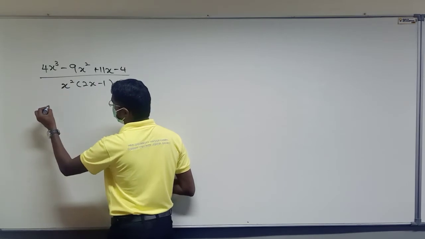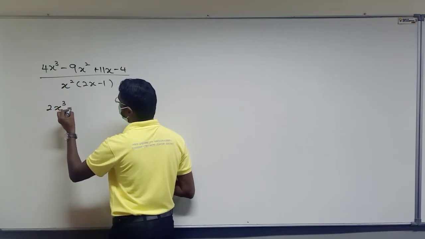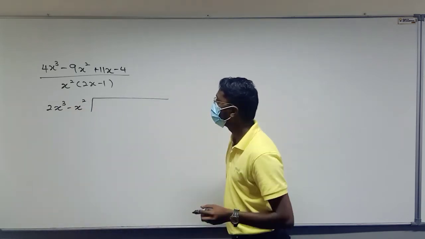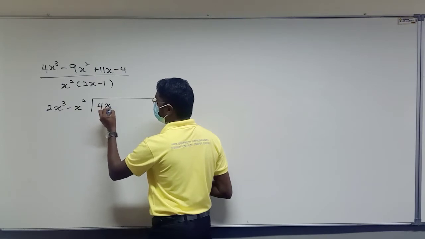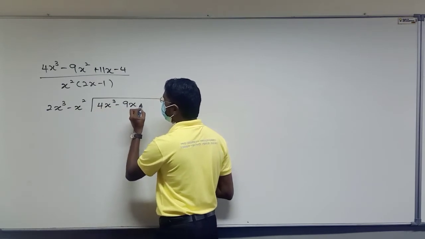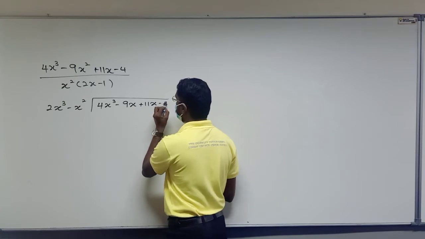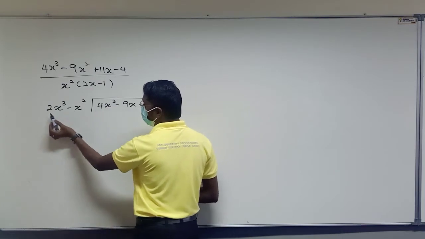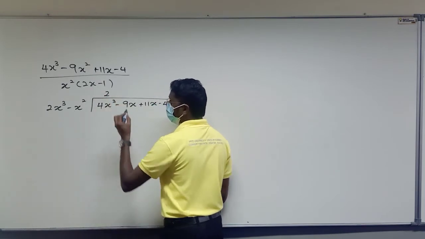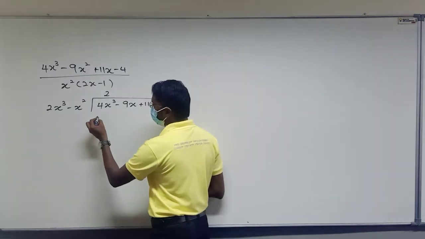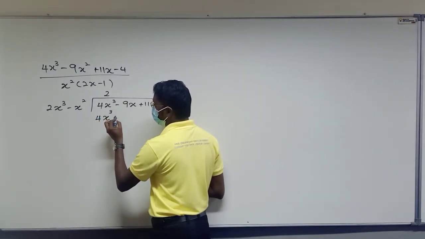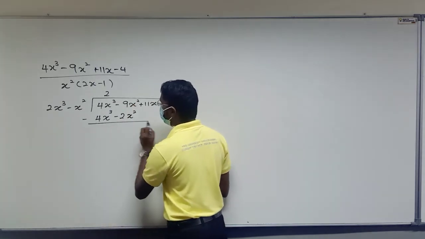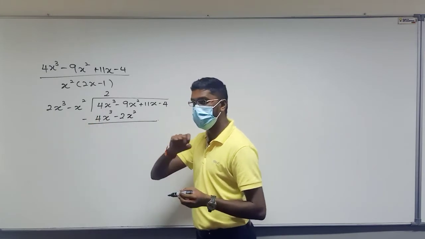So it's going to be 2x cubed minus x squared. In order to eliminate this, we need to multiply this function with 2. Okay, so it's going to be 4x cubed minus 2x squared. So minus, 4 minus 4 is 0.